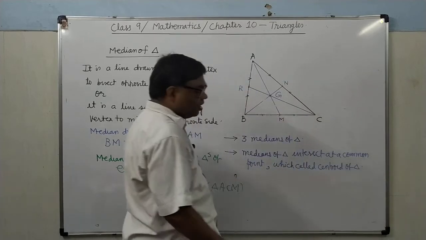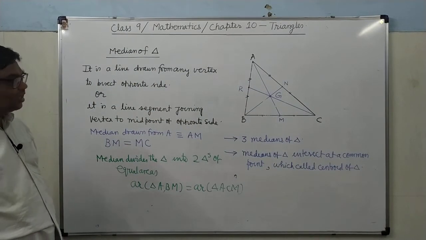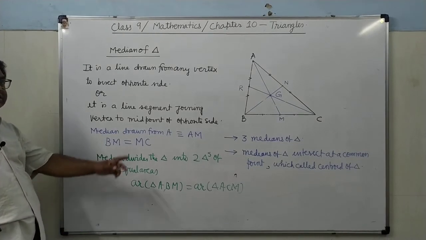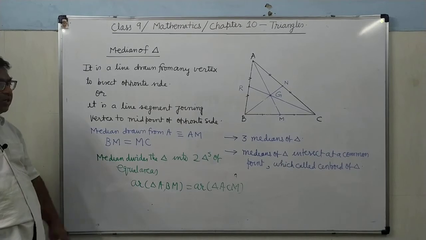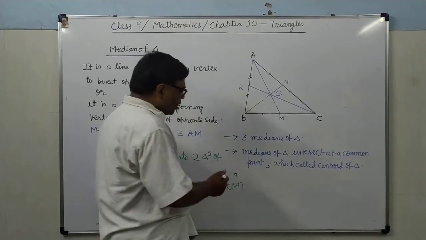It's clear? Medians are intersecting at a common point. That common point is known as the centroid of the triangle. And since these three pass through a common point, therefore the medians of a triangle are concurrent.